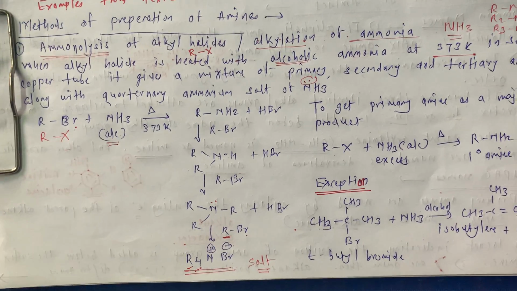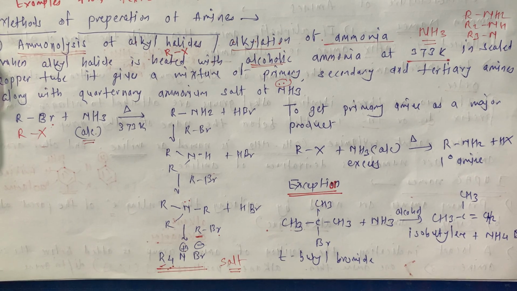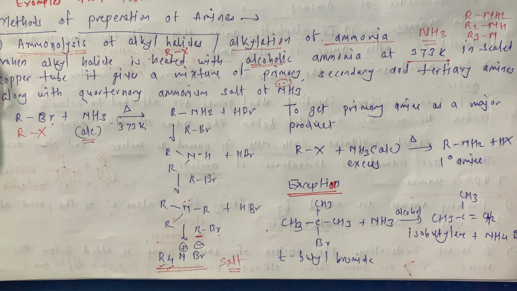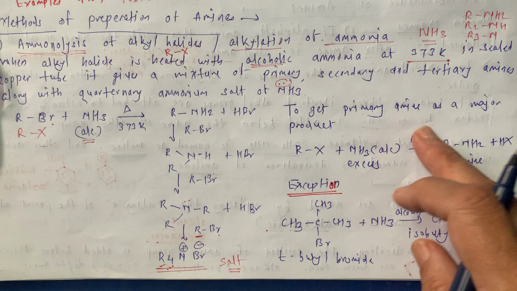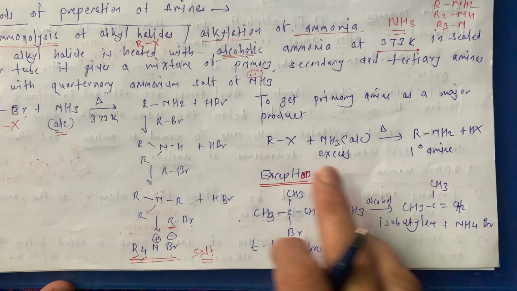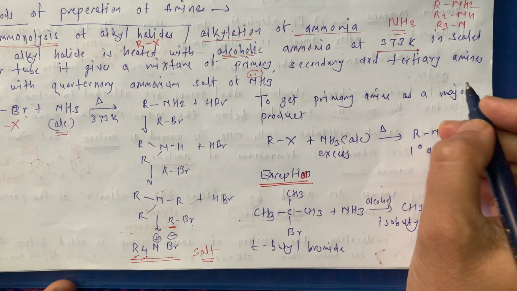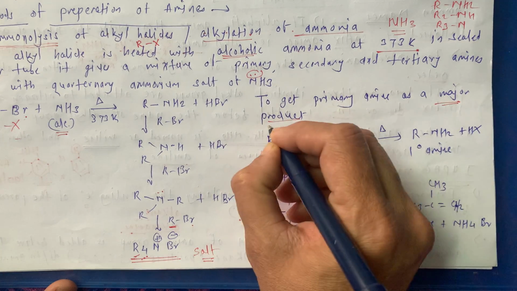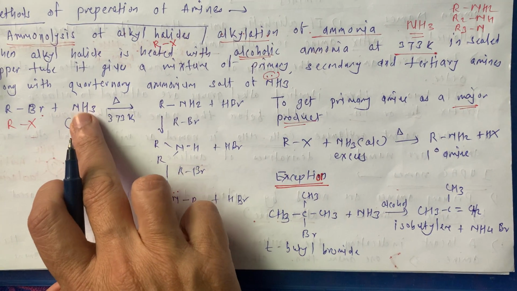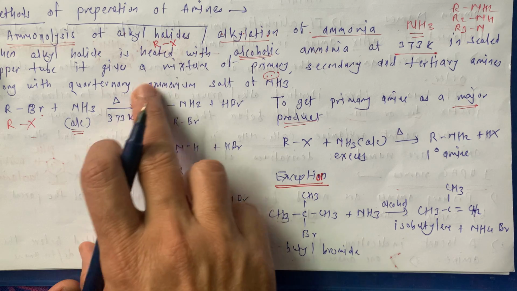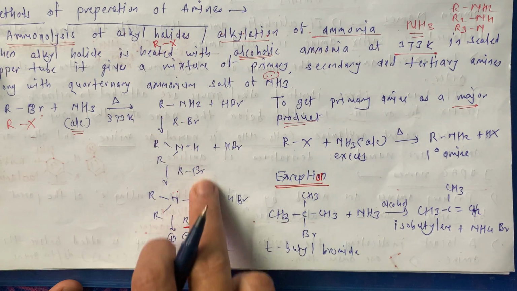Now the question arises, just like we studied in alkyl halides, what do we have to do to get a primary amine? To get a primary amine as a major product, if the ammonia is all consumed we get a mixture.